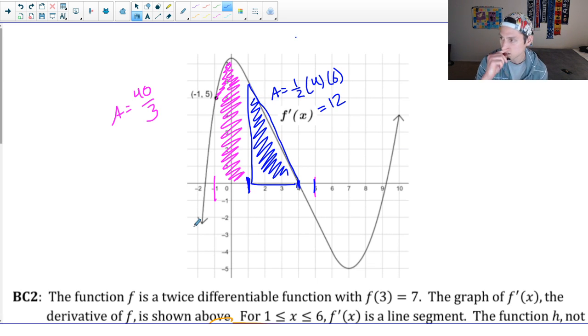So that area is 12. And then this area from 4 to 5, one-half base times height. The base is 1. The height is 2 because it goes down 2. 1/2 times 1 times 2 is 1.